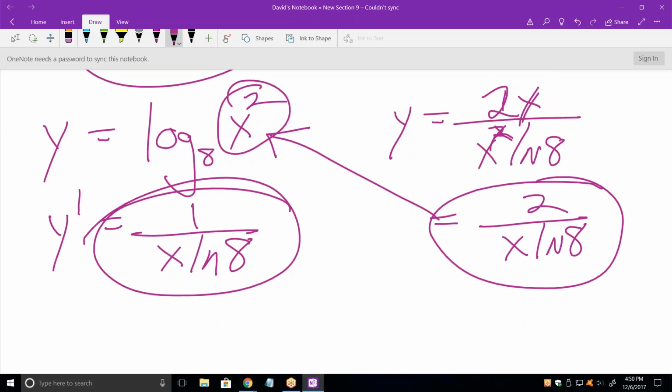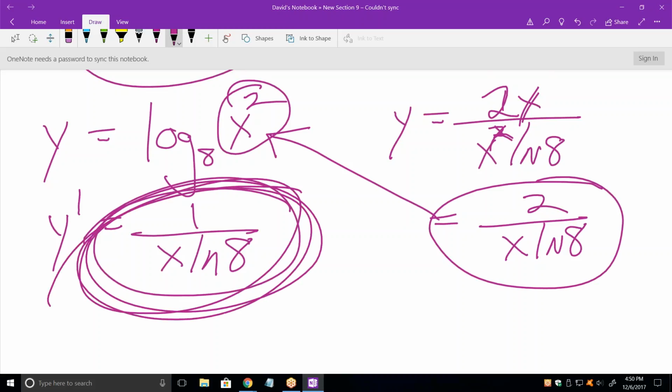When I'm taking the derivative of the outside, I use exactly the same formula. It's 1 over the inside times natural log of 8 in the denominator. But then you have to multiply it by the derivative of the inside, which is 2x. So whenever your argument is not x, you're always going to have a derivative of the inside.